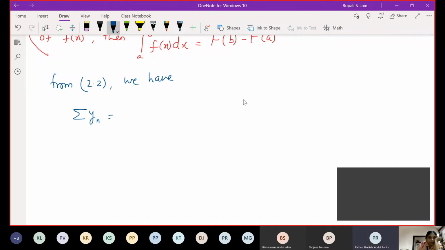Summation yn can be written as summation k is equal to m to n minus 1 of yk plus c, where m is less than or equal to n. So if this is my Zn, this is my indefinite sum.